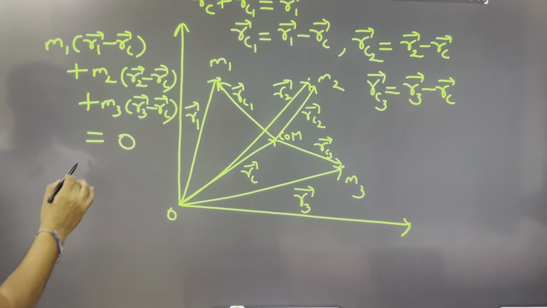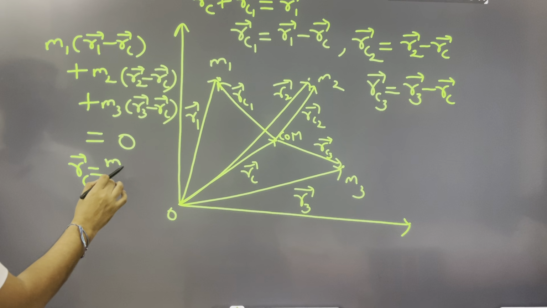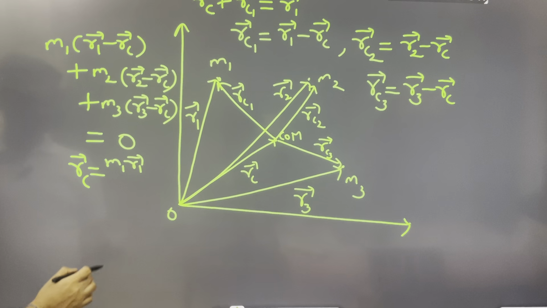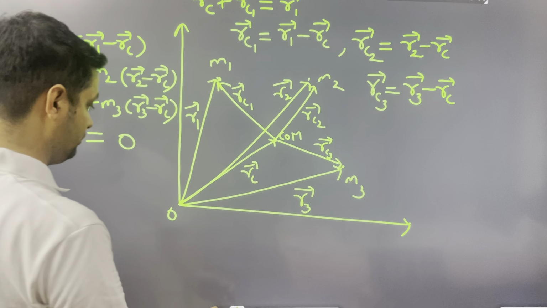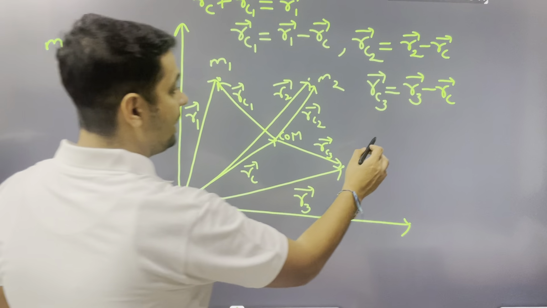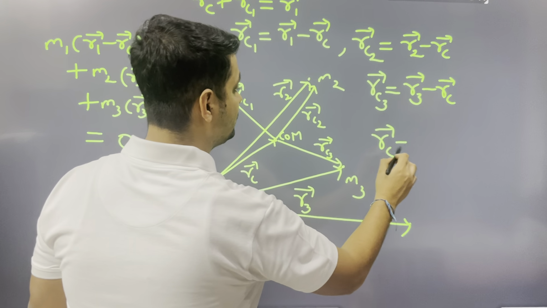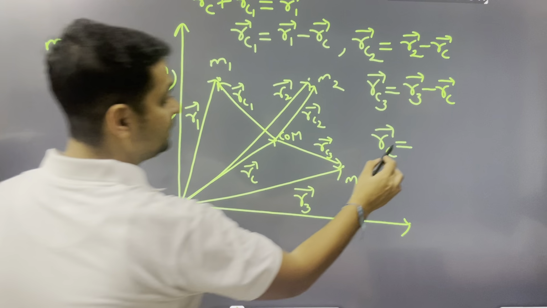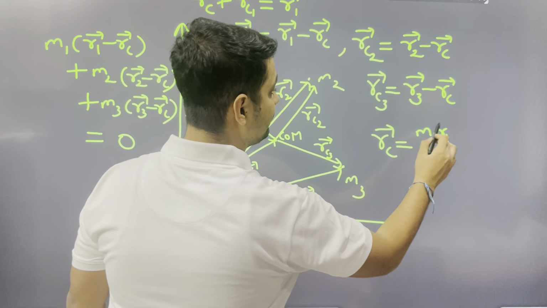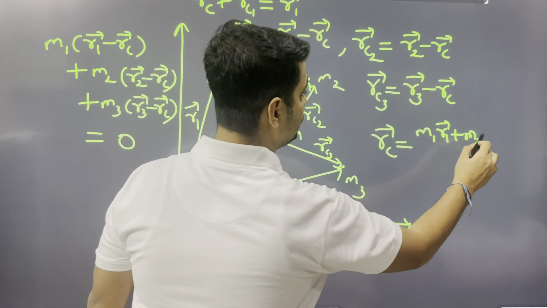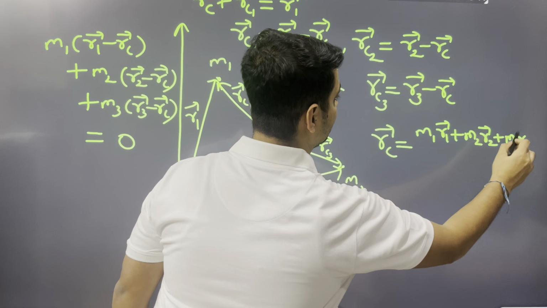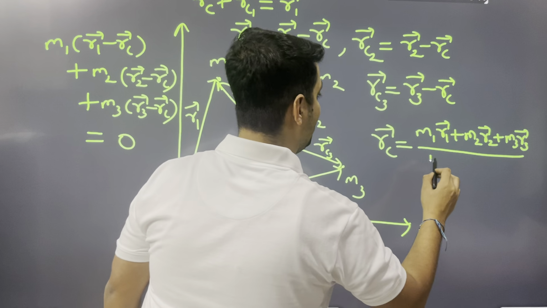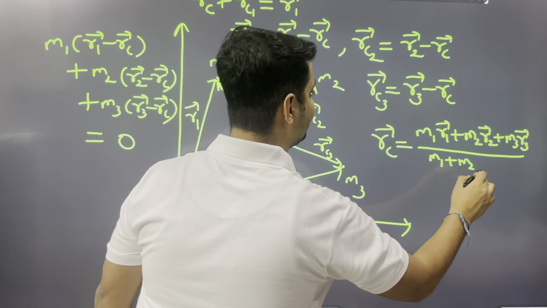Then what will we find? We solve this and we get RC vector equals M1 R1 vector plus M2 R2 vector plus M3 R3 vector, divided by M1 plus M2 plus M3.